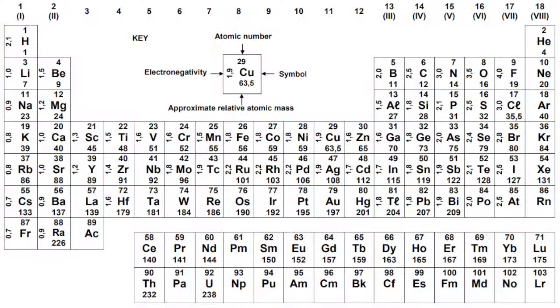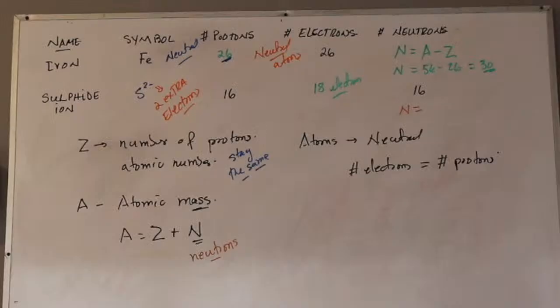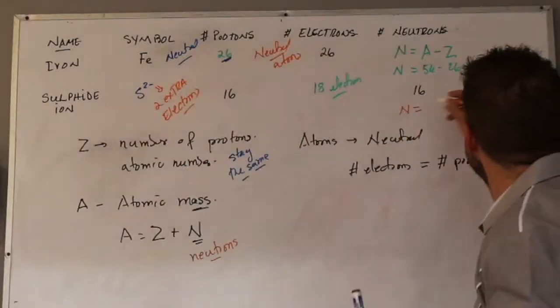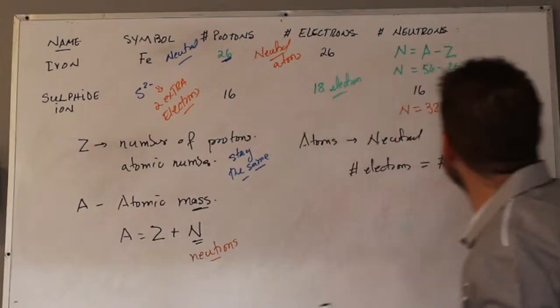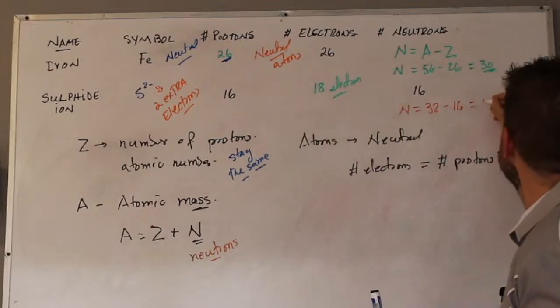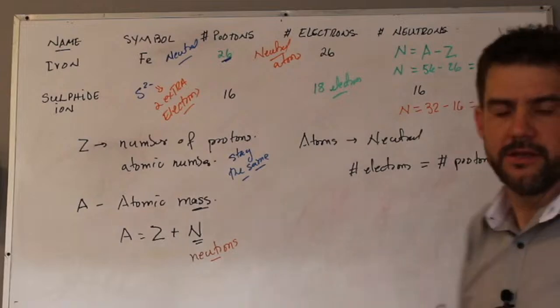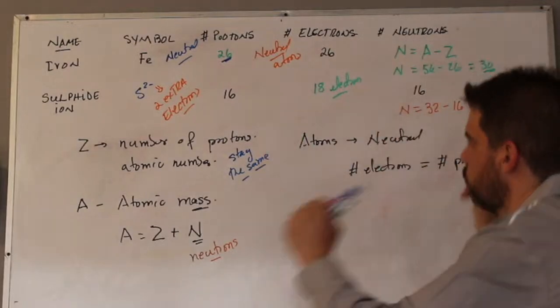The mass of sulfur is 32, so it's 32 minus the number of protons, which is 16, and that is 16. So that is now in terms of this question using the table.